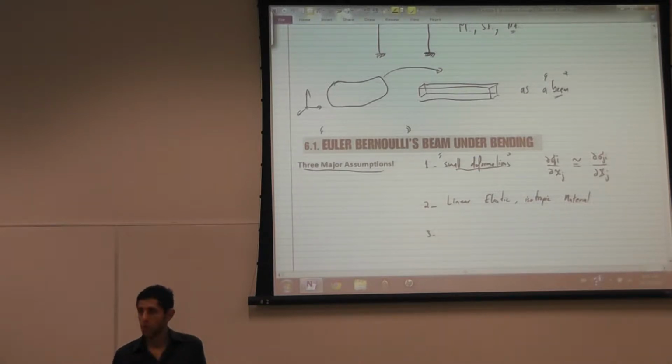Now, the most important one that allows you to look at an object as a beam is that plane sections remain plane.